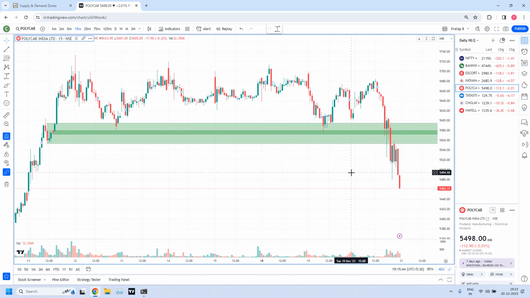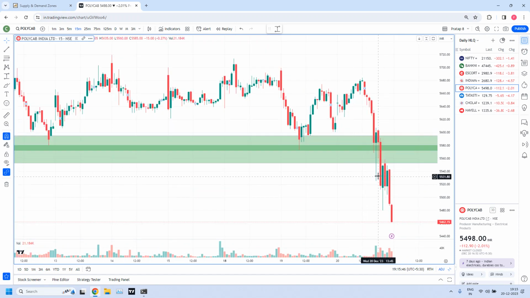Going to be violated, there are two reasons. Mostly they will violate unless institutions decide. What they do, they again create a fresh 15-minute zone inside this daily 75 minutes high liquidity zone, and then push the price up. That fresh 15-minute zone, again it will work, next time again prices retrace back.